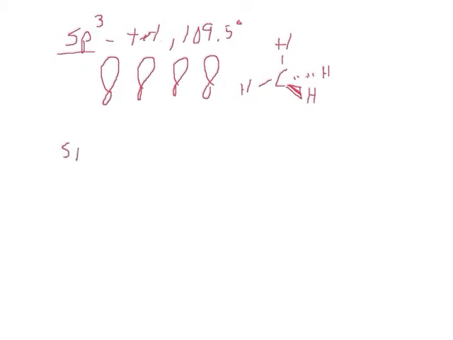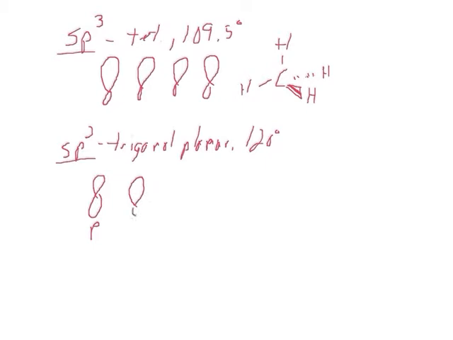For something that's sp2 hybridized, it's a little different. It's trigonal planar. Bond angles are 120 degrees. We now have a pi bond, so that means we have a p orbital and sp2 orbitals. These have less p character versus sp3 up here, which have 75% p, 25% s.